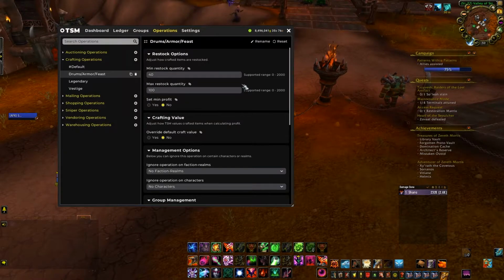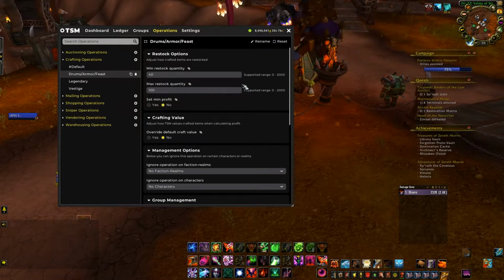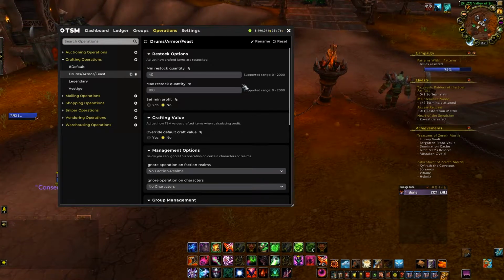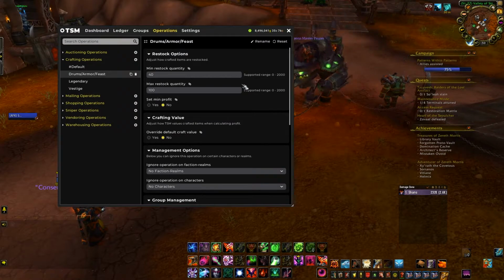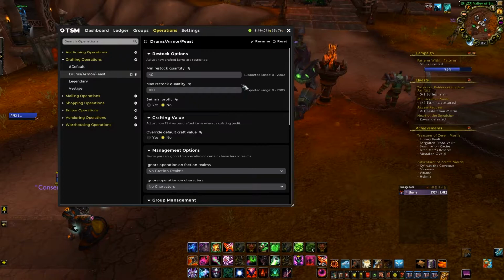The reason I have it set here is it's an efficiency thing, right? Feast, drums, and stuff, they actually take a while to make. You make them individually, not in whole stacks of like 20. You can't just select 20 and make 20 all at once in one go. You select 20 and then it makes one. Takes a while, takes a lot of stuff to make too, a lot of materials.